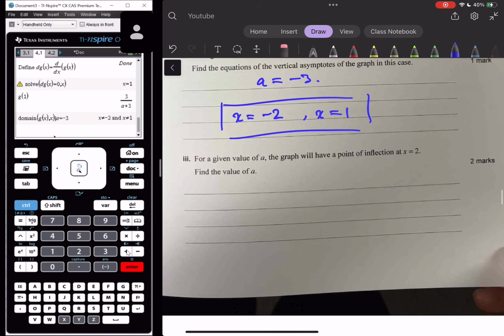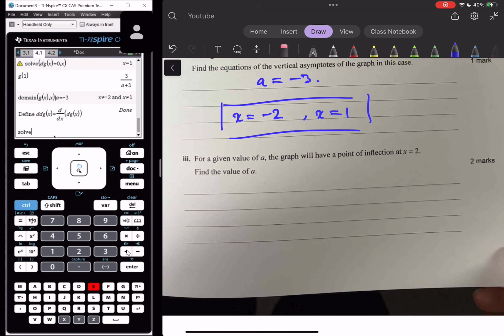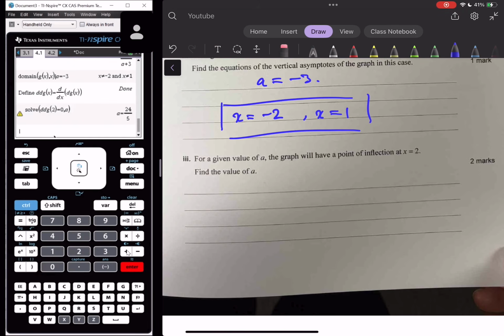For a given value of a, the graph will have a point of inflection at x equals 2. Find the value of a. So for a point of inflection, let's define g''(x) to be the derivative of g'(x), and then we want to solve for this inflection point at 2 equal to 0 with respect to a, and we got 24/5.